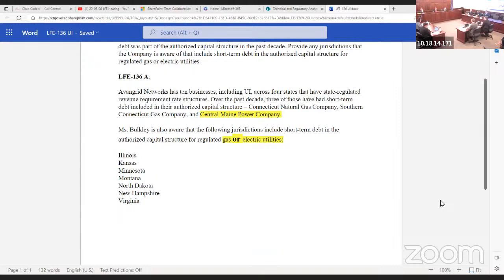In terms of CMP and how that particular element of the capital structure supports the operation of the company, Mr. Ortega can give us more specifics in a moment on the percentage. It's a small percentage overall, just like we've discussed with UI here. There are working capital needs of CMP, and that's what the short-term debt is predominantly used to fund and to support.